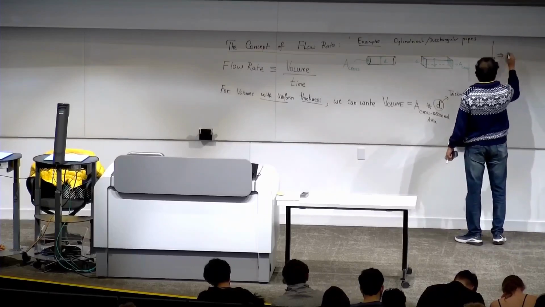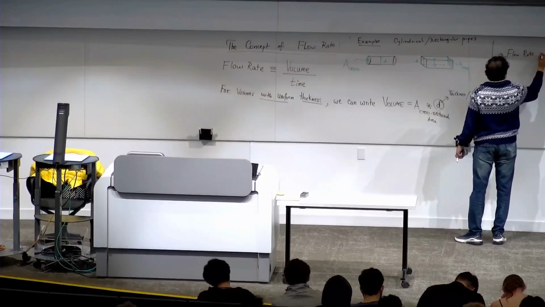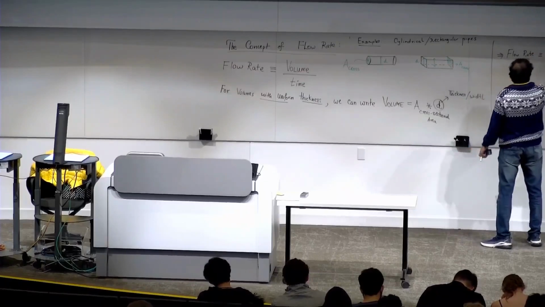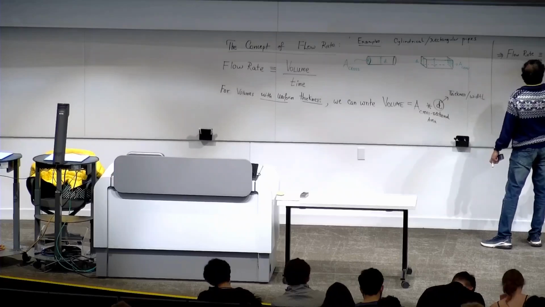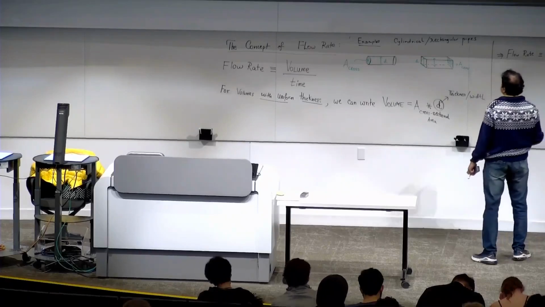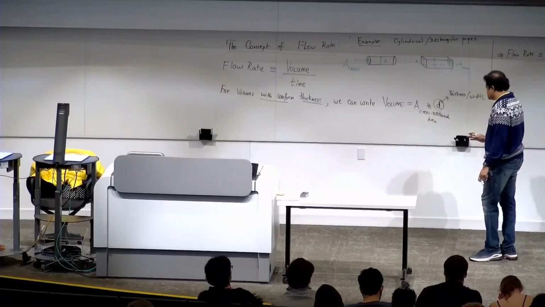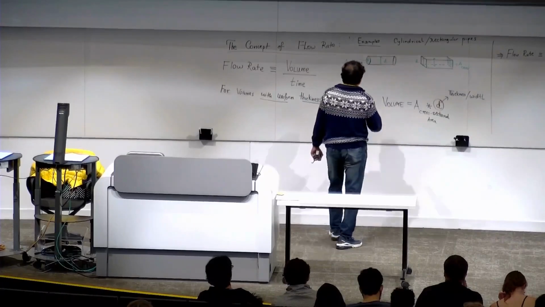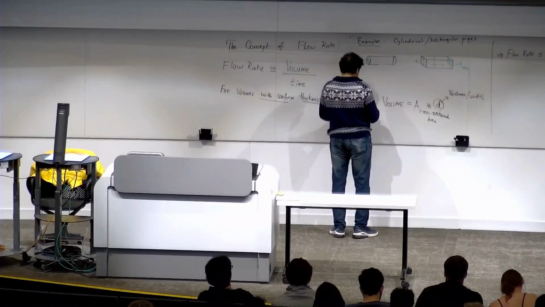This implies we can write flow rate as volume per unit time, but I can write cross sectional area times, sorry. If I take cross sectional area that way, this cannot be d. This is d.